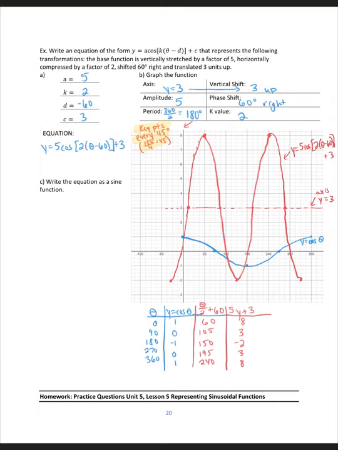Okay, part C, which I want to do together, says write the equation as a sine function. So we took this as a phase shift of 60 degrees to the right. So for my cosine function, we had a phase shift 60 degrees right for cosine, because our cosine starts at our max. If we wanted to look at this in terms of a sine shift, well, we know our sine starts at our axis. So we have to determine which axis point is the closest to my y axis.